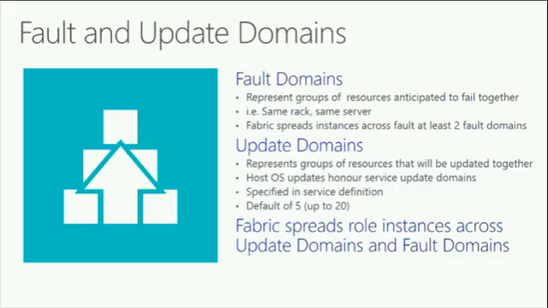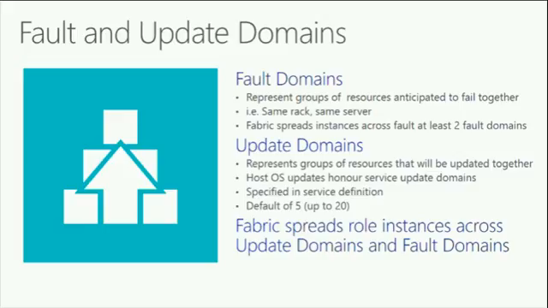So for example, if we need to update the virtual machine host or operating system, the underlying host that runs all the VMs, we guarantee we're not going to update these VMs that are in separate update domains at the same time. Meaning that if you have 2 machines running, we always guarantee that one of your machines is going to be up and running, and we're not going to turn both of them off. So that's how we are able to achieve that 99.95% SLA.